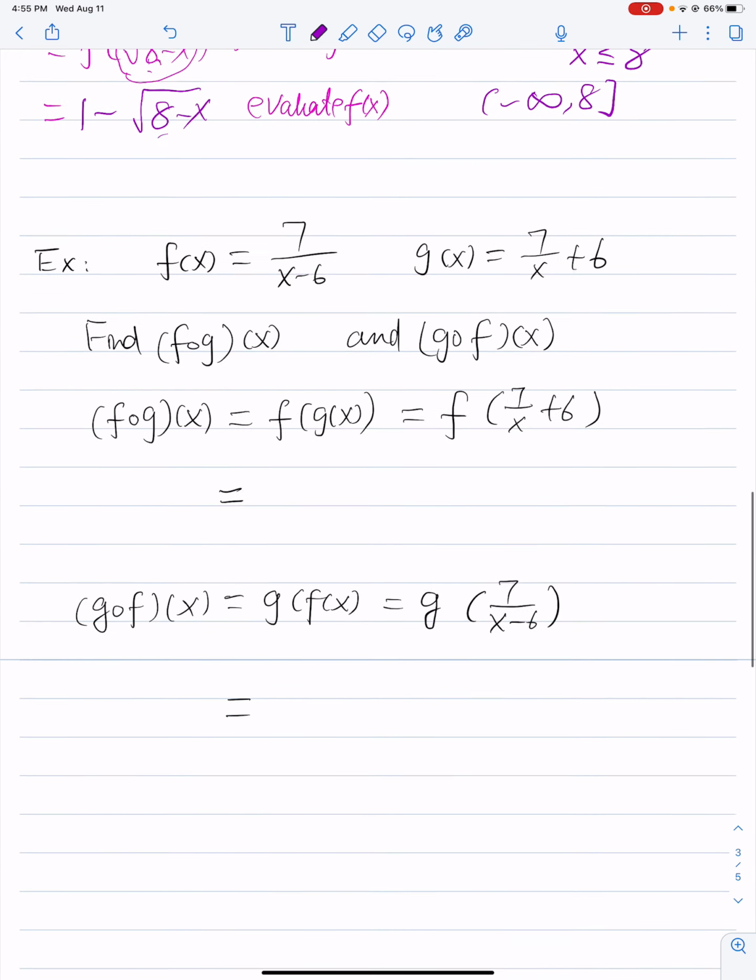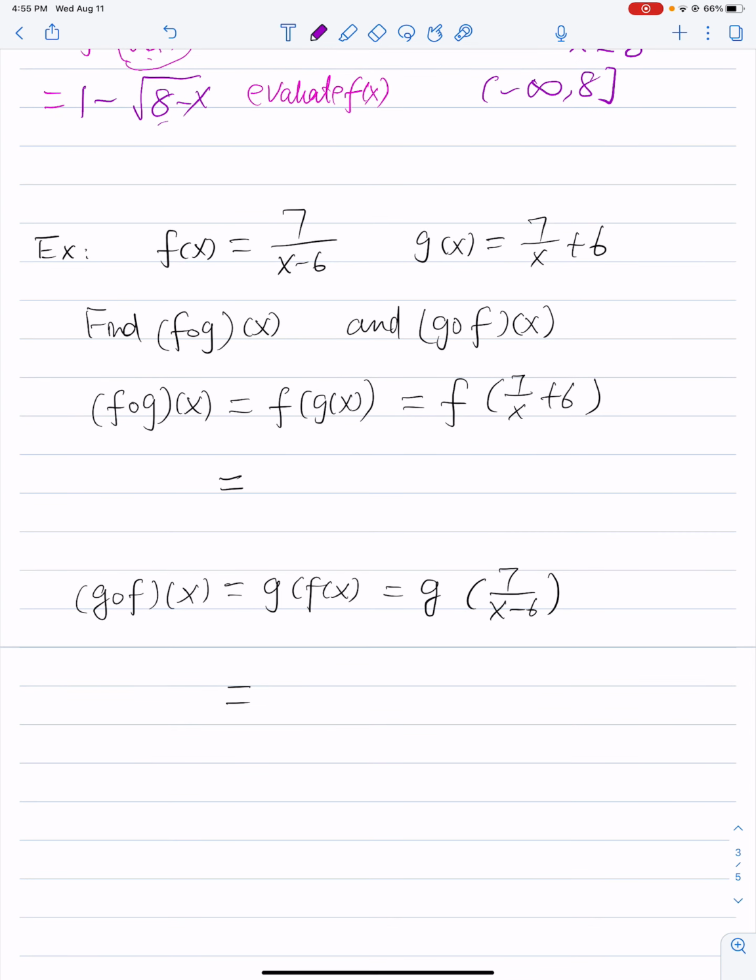So the next example is f(x) equal to 7 over x minus 6, g(x) equal to 7 over x plus 6. So we want to find f circle g of x and g circle f of x. Okay, so let's see what is going on. So the first step is also what? f of g(x), and you substitute the 7 over x plus 6 for g(x).